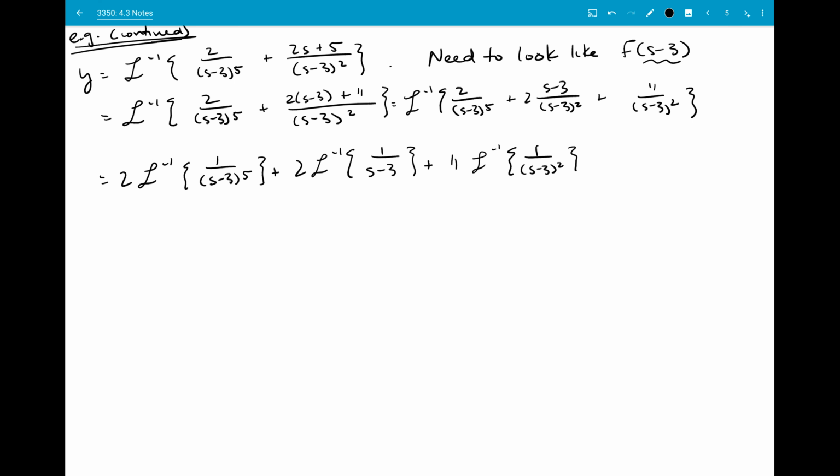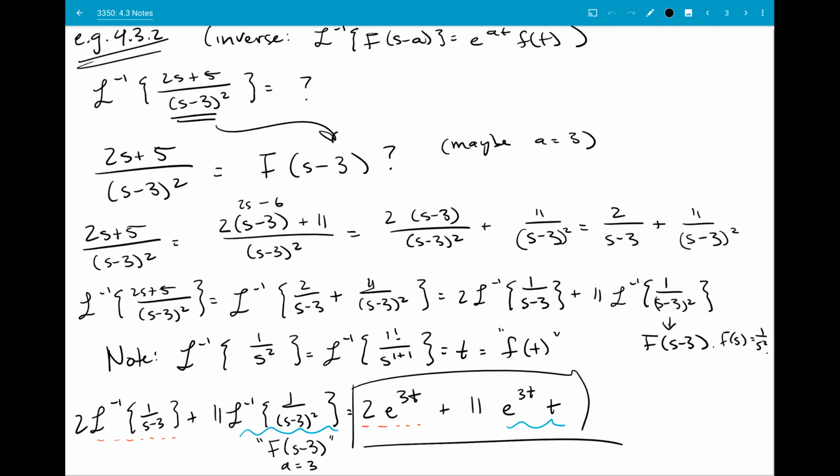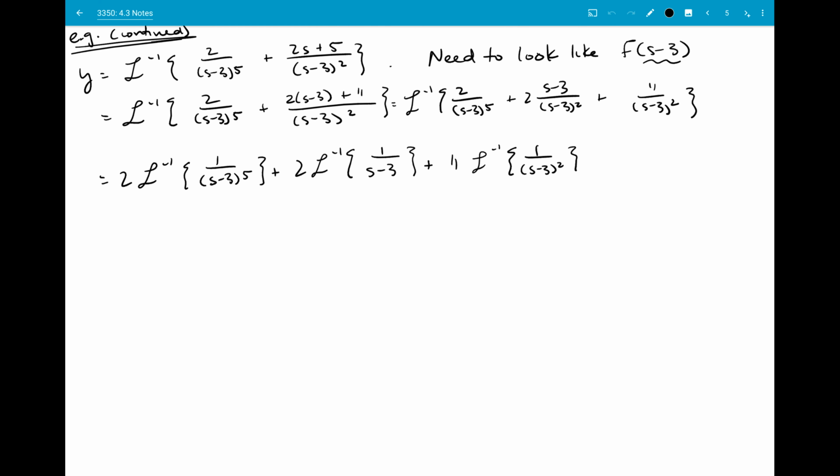So what we're going to be using is our inverse property. I wrote it here. L inverse of capital F of s minus a is e to the at little f of t. So remember, our a equals 3. And we just have to identify what our capital F is going to be in each of these cases.